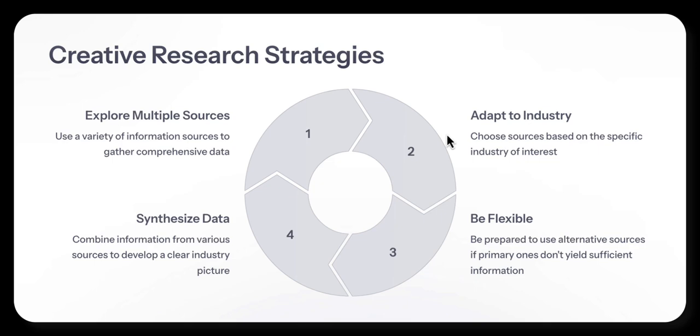Gather information from perhaps three to four different types of resources. Adapt to industry: choose resources based on the specific industry of interest. Be flexible and synthesize the data. Once you've gathered all the data, synthesize it to develop a clear industry picture.